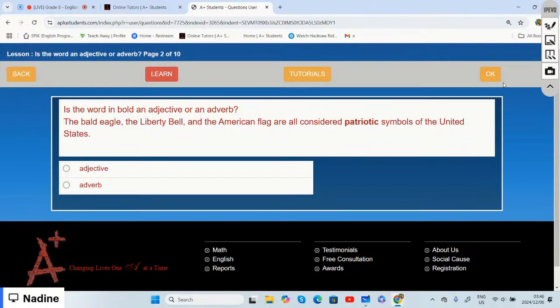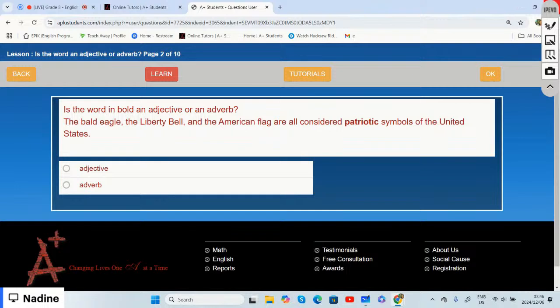All right. The next one says the bald eagle, the Liberty Bell, and the American flag are all considered patriotic symbols of the United States. So the word patriotic, is it an adjective or an adverb?